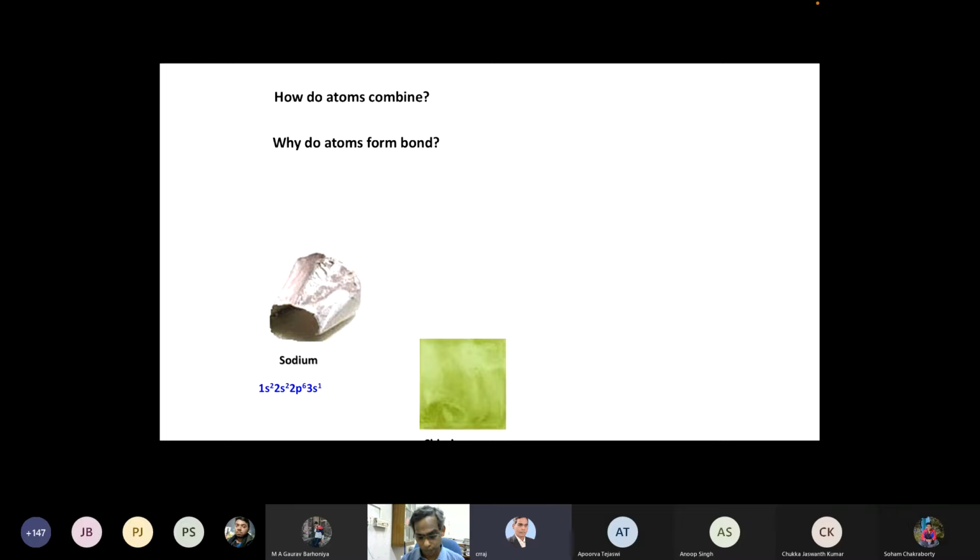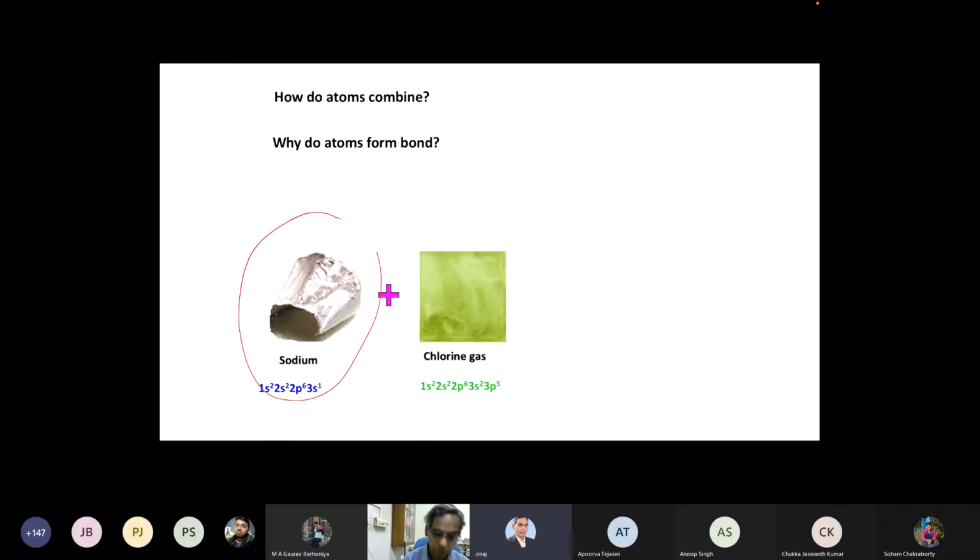I give a simple example. On one hand, I have sodium. Sodium is notorious, right? It burns. It's a hazardous material. Another one I have is chlorine gas.